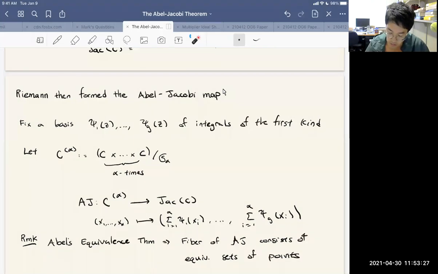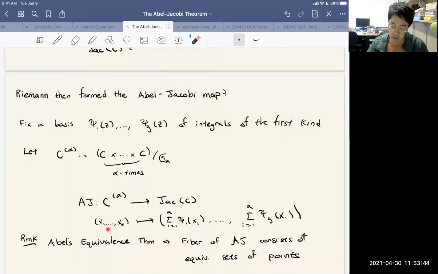So this theorem about when two sums of abelian integrals are equal is in effect studying the fiber of the Abel-Jacobi map.